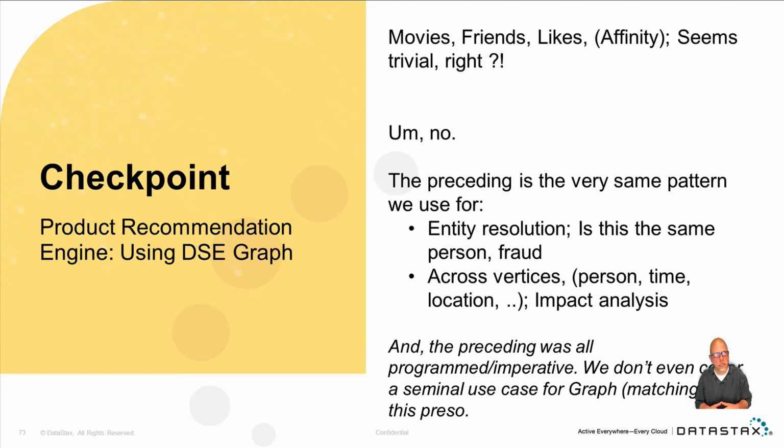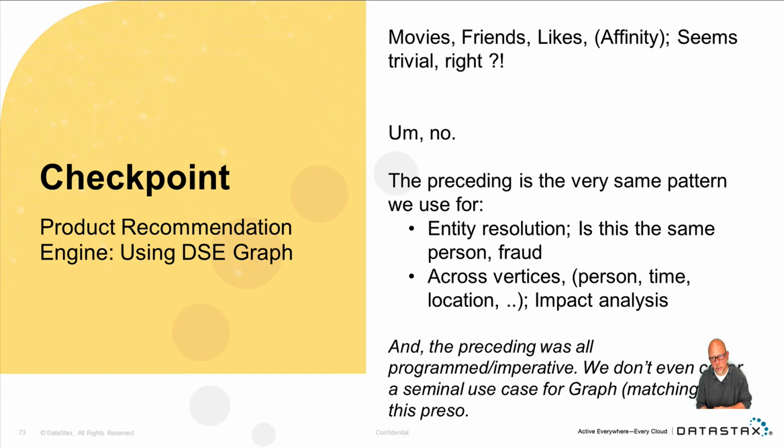This pattern is prevalent. This is the very same pattern we use for entity resolution. So while we were looking at who do you know and do you like the same things, work with me here. That same pattern could have been, did 2 people go to the same place? Do they have the same address?